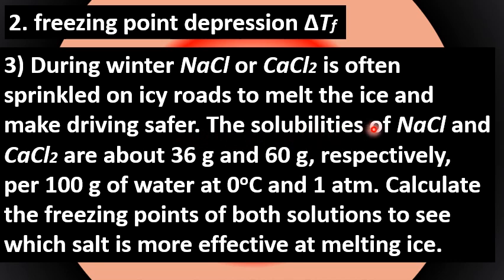The solubilities of sodium chloride and calcium chloride are about 36 grams and 60 grams respectively per 100 grams of water at 0 degrees Celsius and at 1 atmosphere. Question is, calculate the freezing points of both solutions to see which salt is more effective at melting ice.